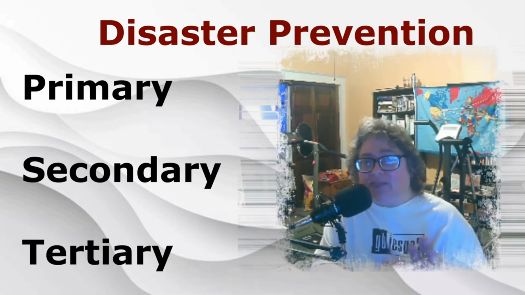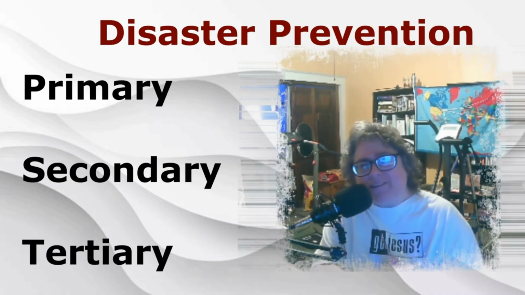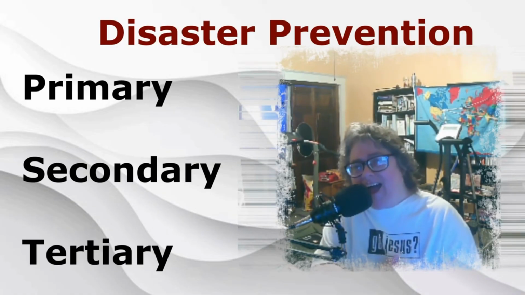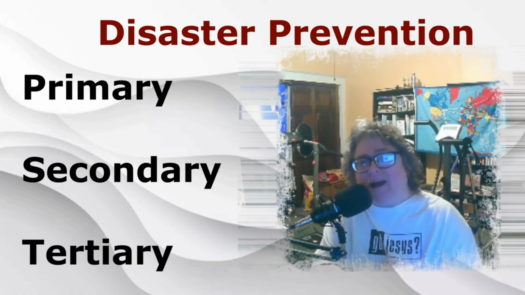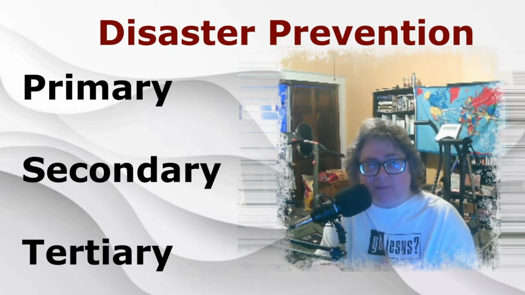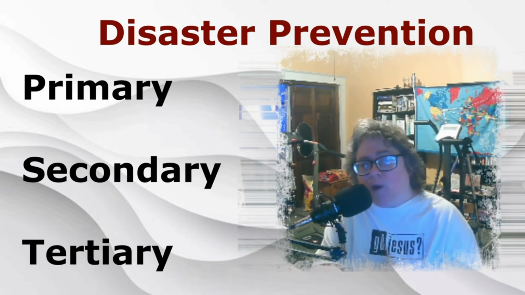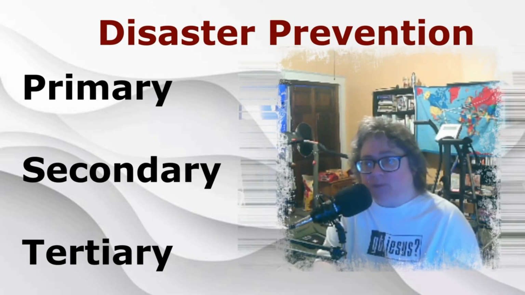Okay? Now that is disaster prevention. How does that differ from when the NCLEX asks us questions about disaster management? What is the difference between prevention and management? So let's discuss management.